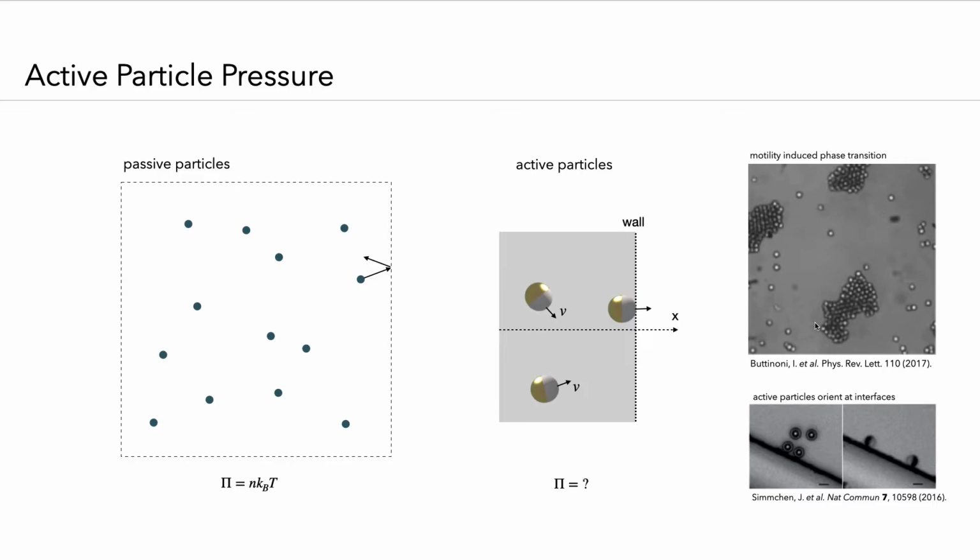One of the reasons is that you have active particles at solid boundaries, and due to the hydrodynamic flow field they generate, they are also creating a certain alignment of these particles in a very special way. That could be heavily influenced also by the shape of the walls. So what you don't want really is a pressure that depends on the shape of your container and some peculiar interactions of the particles with the walls. So what's the swim pressure now, and how to measure it is the question we would like to answer in the following.